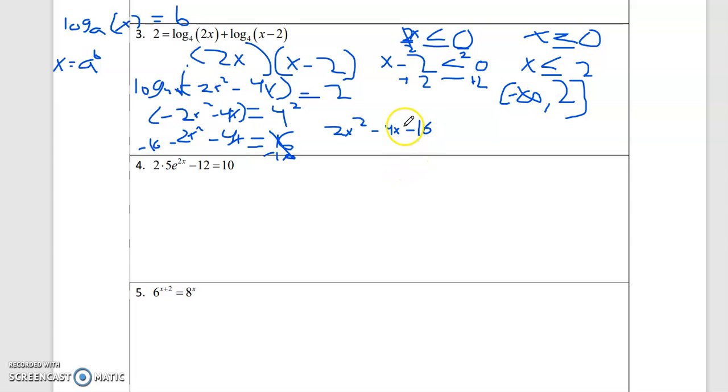And when I look at this, I immediately recognize that all of these numbers are multiples of 2. So what can I factor out of this? Well, I can factor out 2. And what I'd be left with is x squared minus 2x minus 8.